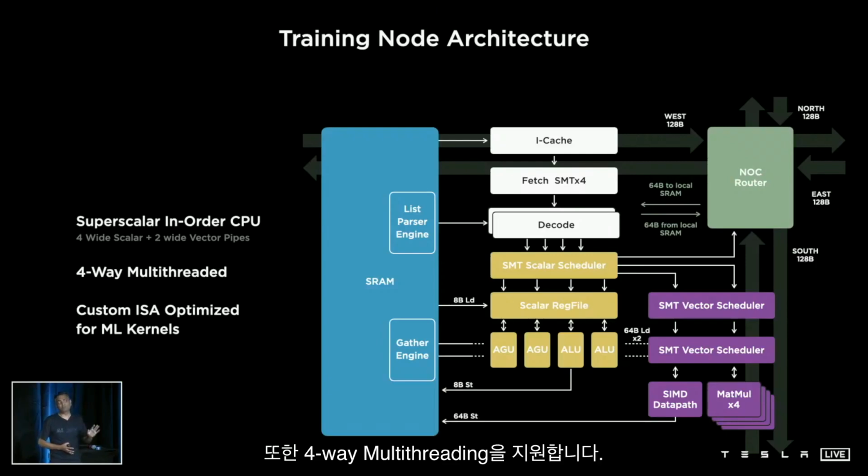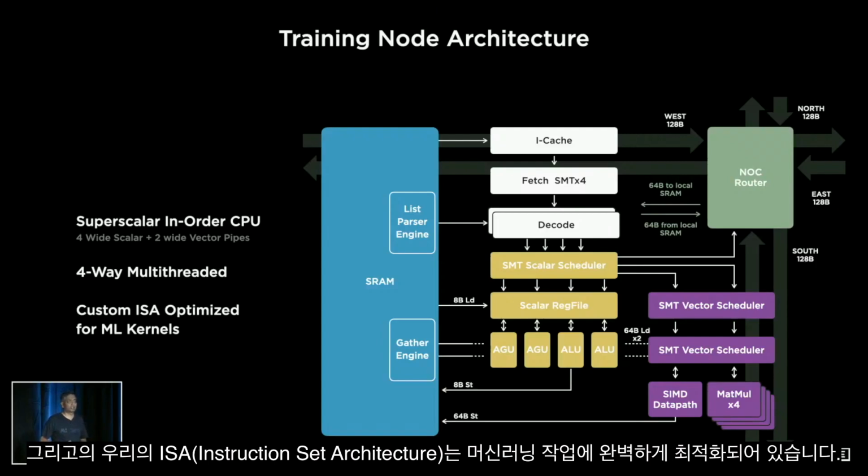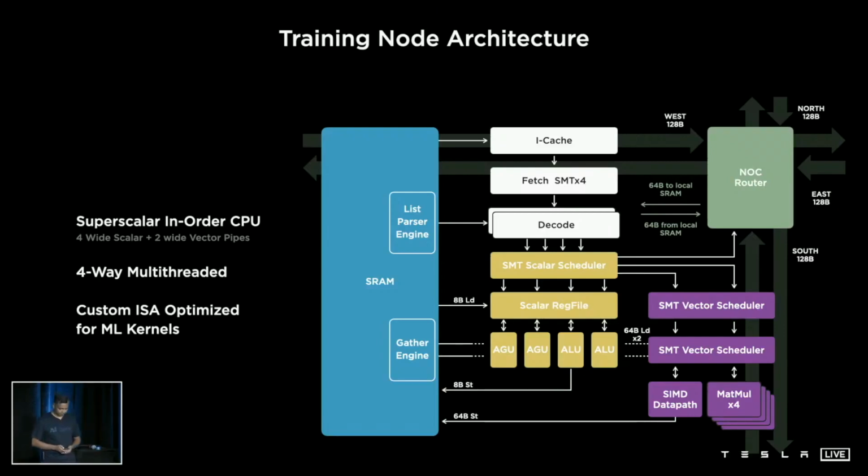And it also has 4-way multi-threading. This increases utilization because we could do compute and data transfers simultaneously. And our custom ISA, which is the instruction set architecture, is fully optimized for machine learning workloads. It has features like transpose, gather, link traversals, broadcast, just to name a few.